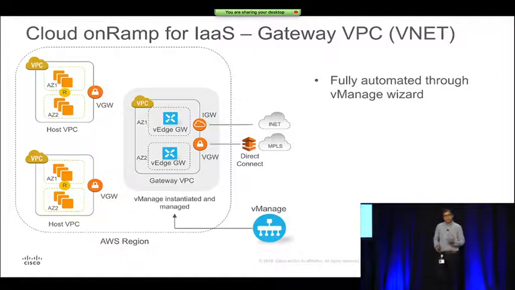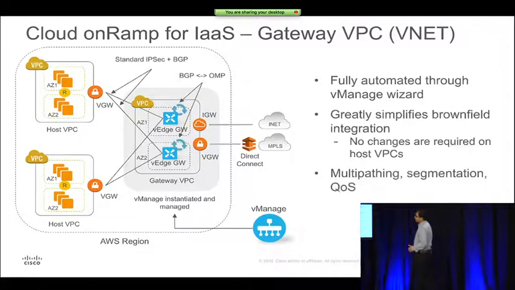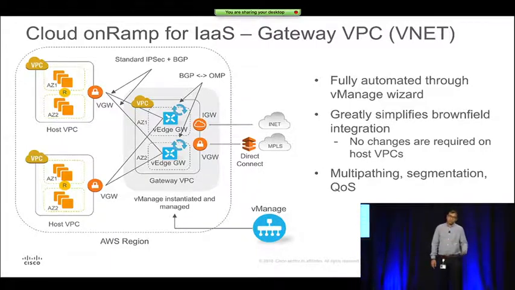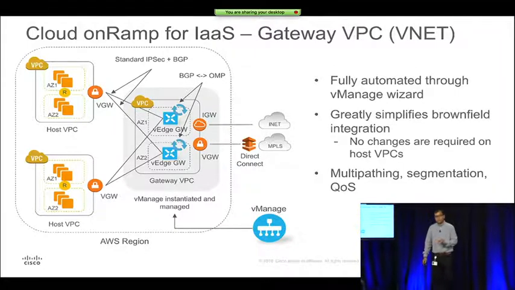We will spin up the pair of vEdges. We will establish the IPsec connectivity back to their individual VPCs on their VGWs. And on top of it, we will run BGP in order to learn the routes from all the VPCs. So all this workflow is automated from a customer perspective.